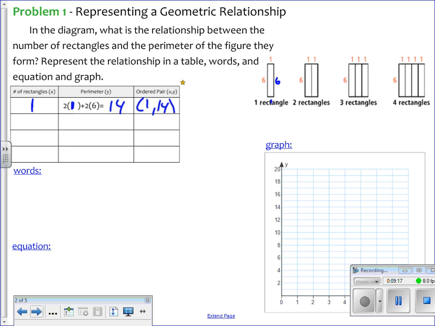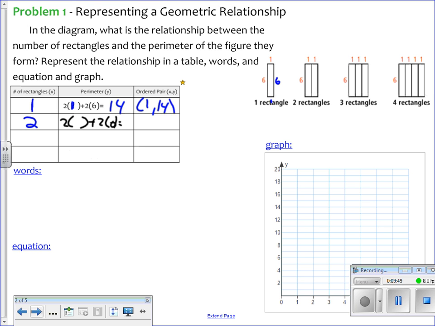Now, how many rectangles do I have in the second figure? I got 2, so my x is 2. Now the formula, the stuff that's in black, never changes. It's the same for every single one of those. It's 2 times the number of rectangles plus 2 times 6.